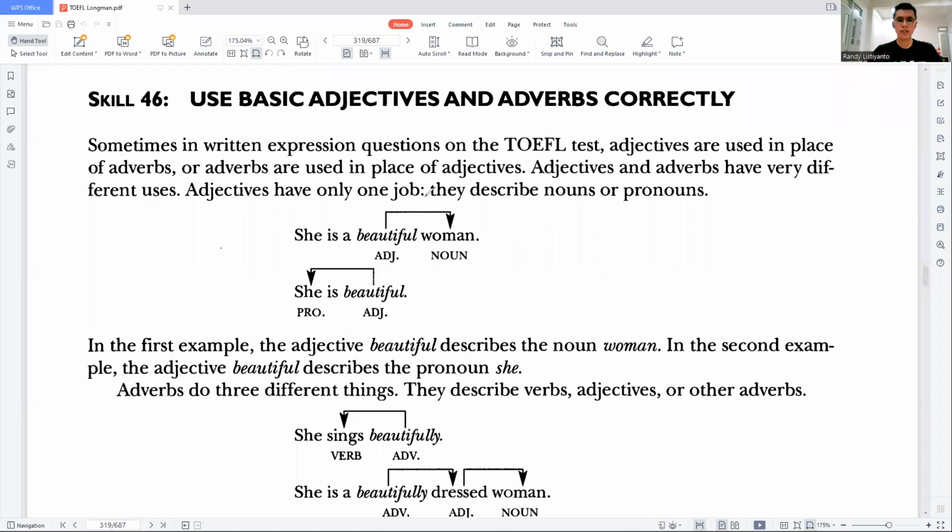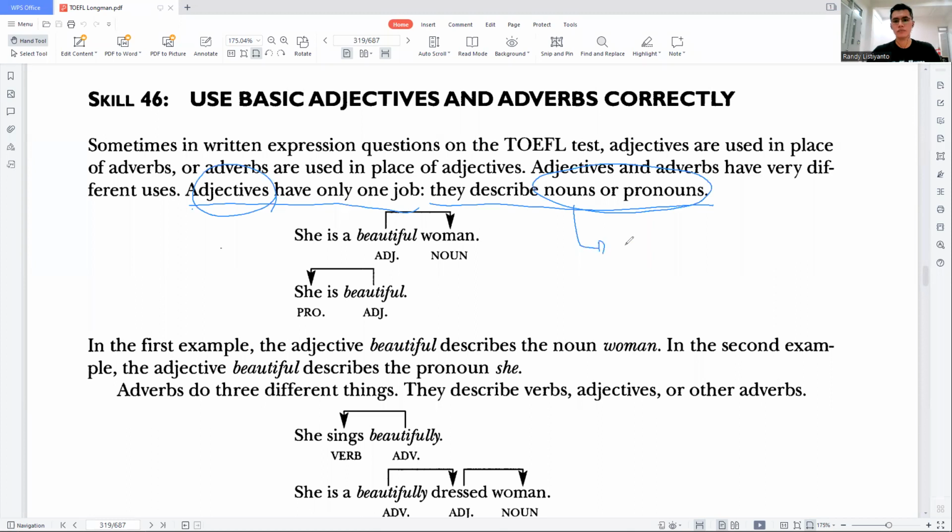Adjectives and adverbs have very different uses. Adjectives have only one job. What is that? They describe nouns and pronouns. Once again, adjectives describe nouns and pronouns.